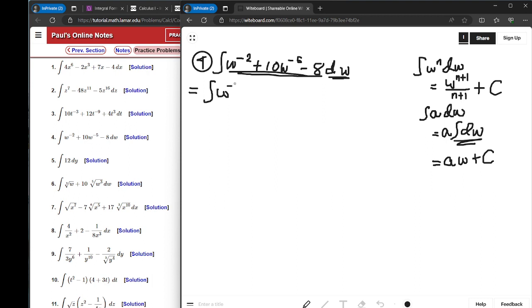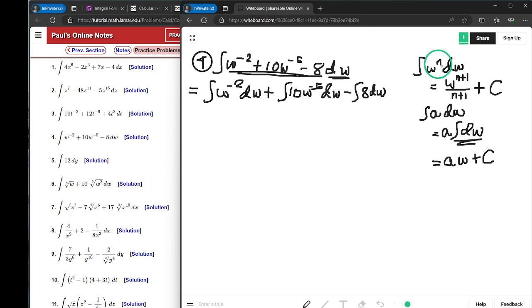That would be the integral of w raised to the power of negative 2 dw, plus the integral of 10 times w raised to the power of negative 5 dw, minus the integral of 8 dw. Then we have this property.